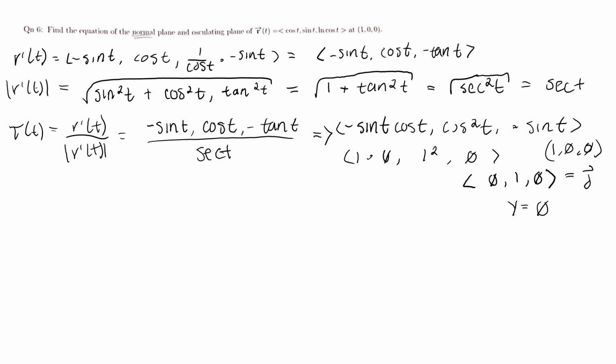Now we're going to finish off the osculating plane. The osculating plane is spanned by the normal and the binormal vectors. So we have the tangent. Now we need to find the normal and then cross those two. We're going to take the derivative of our tangent T that we had here.